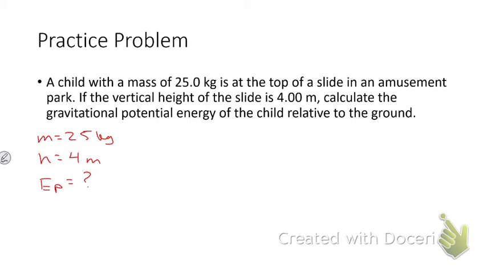So we have mass, we have height, we're looking for potential energy. What is not given in the question, but we always know? Perfect, the acceleration due to gravity. If the question does not say you're on Mars or Jupiter, just assume we're on Earth.